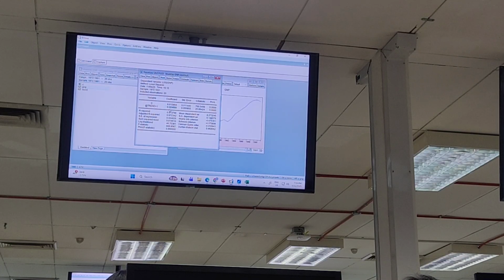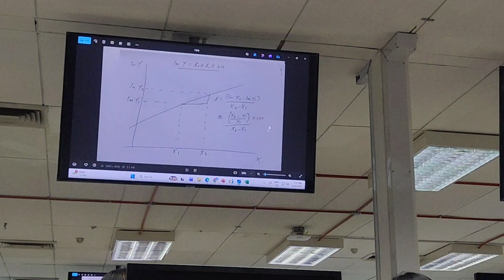Okay, so this relative change is not percent.